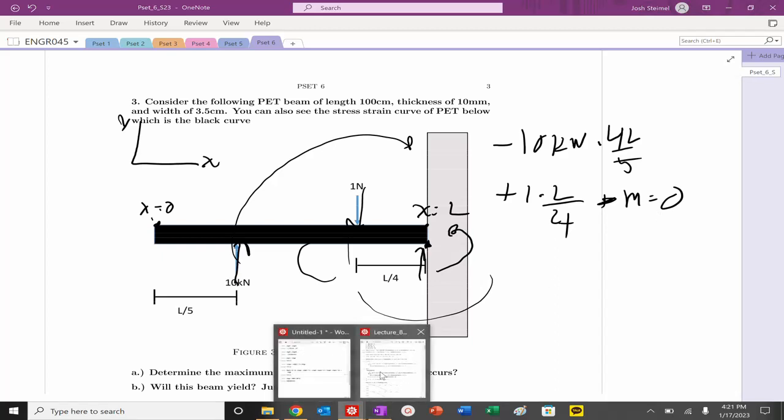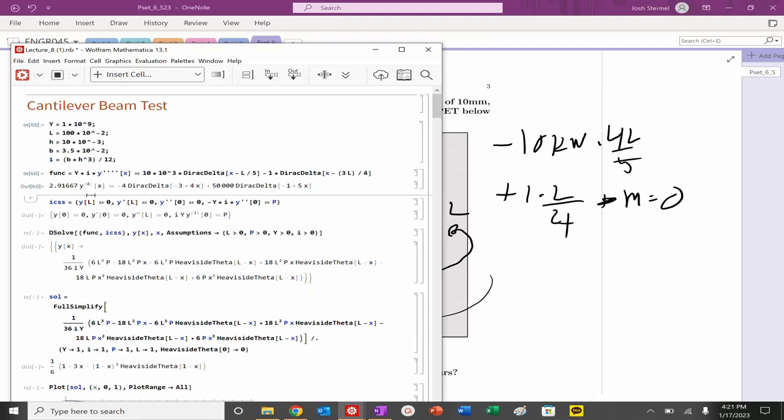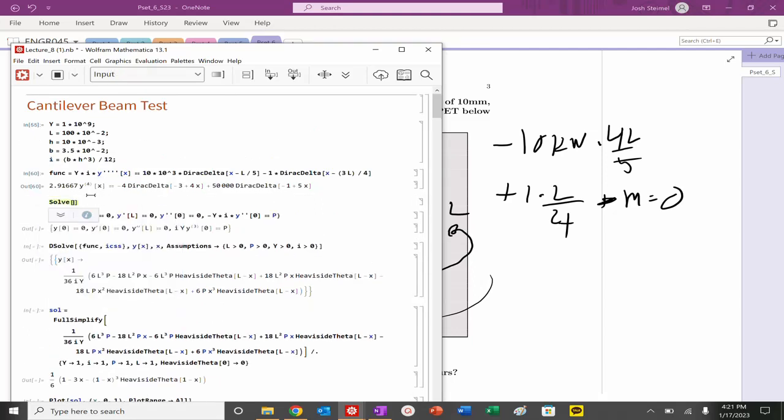Let's solve for that: minus 10 times 10 to the 3 times 4L divided by 5, plus 1 times L divided by 4, minus M, set equal to 0.